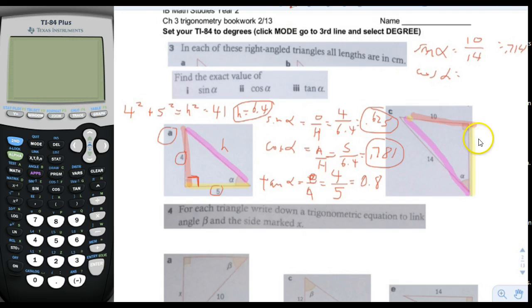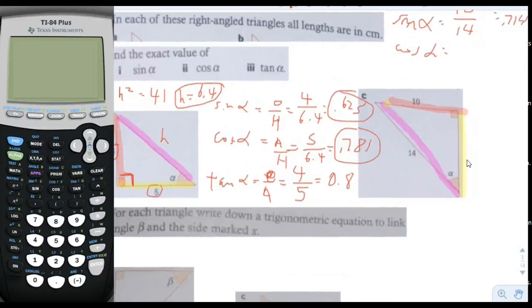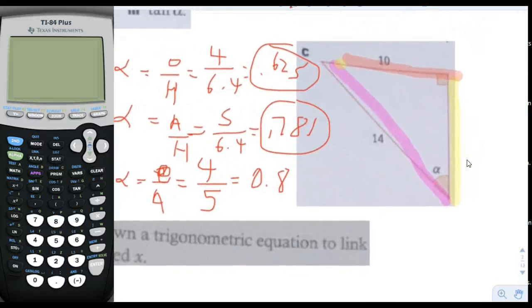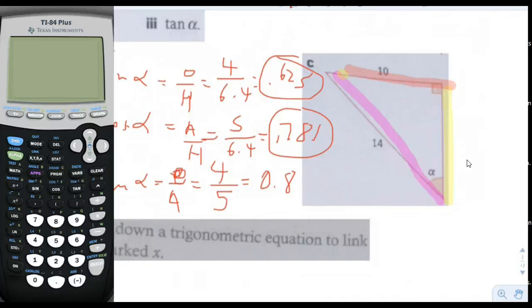Now to find the cosine, we don't know the yellow side, but remember we do have Pythagorean's theorem. And Pythagorean's theorem works not only if you don't know the hypotenuse, but any of the other sides too. So let's call this yellow side a for adjacent. We could write Pythagorean's theorem as a squared plus 10 squared equals 14 squared.